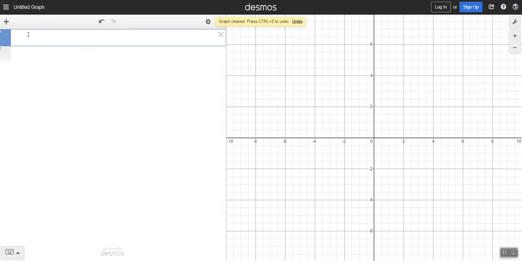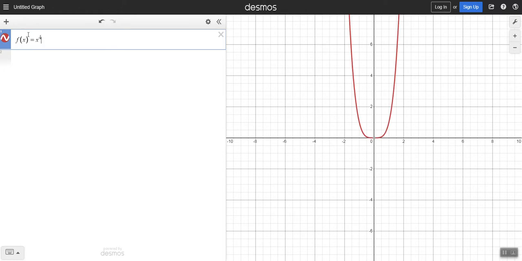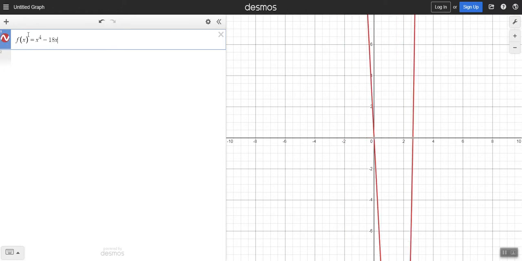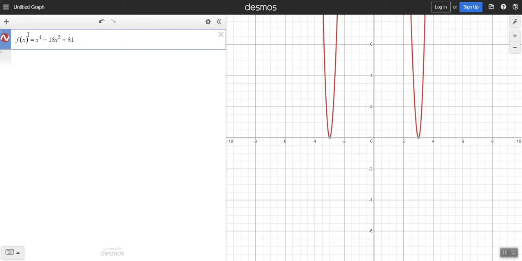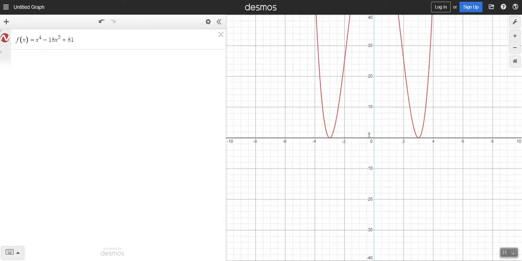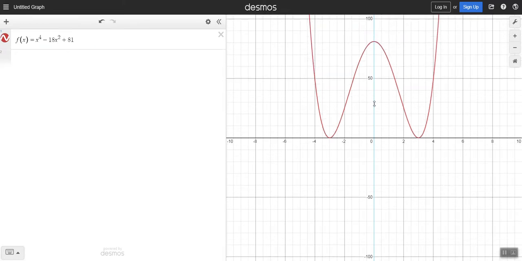I'm going to go ahead and graph f of x is x to the fourth minus 18x squared plus 81. And I'd say we did a pretty good job of predicting what that was going to look like. In fact, the maximum really is right there at the y-intercept.